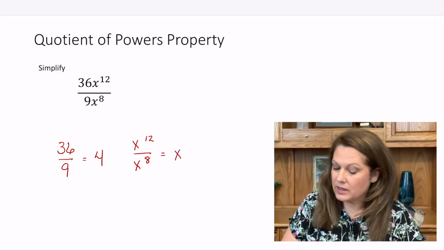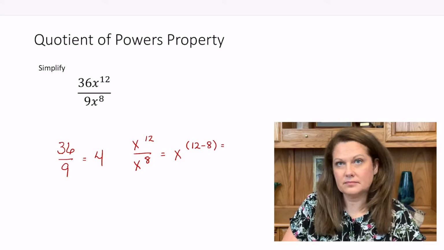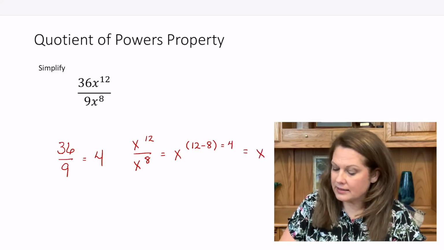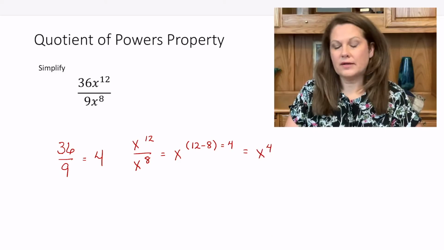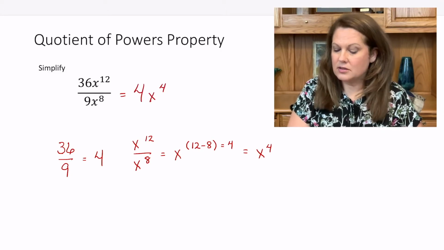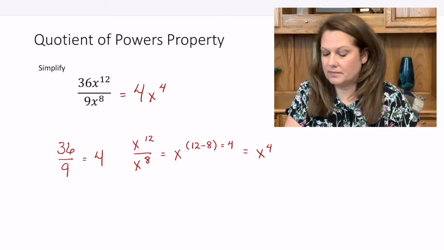Absolutely. So we can say x to the 12th minus 8. What does that equal? 4. So we can say x to the 4th. Now, all we have to do is put our coefficient and our power together. So our answer is 4x to the 4th.